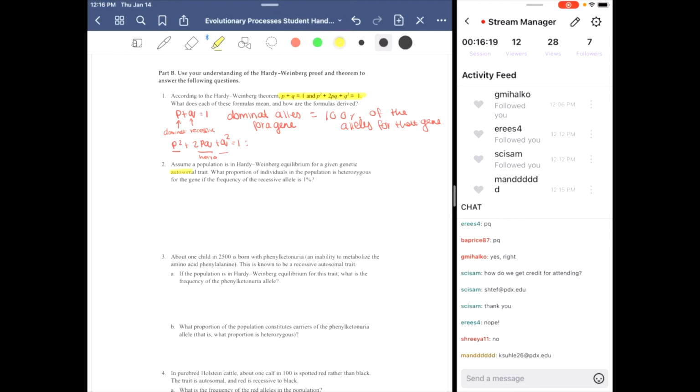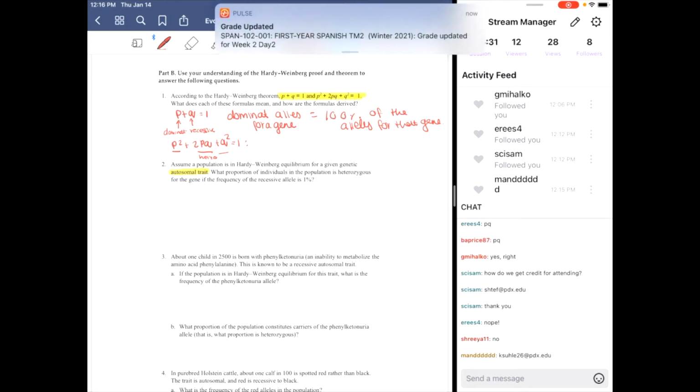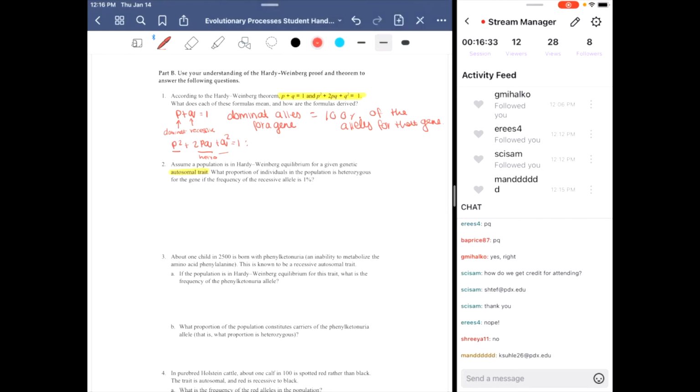So autosomal meaning it's not in the chromosome determining sex, so it's anything other than that. What proportion of the individuals in the population is heterozygous for a gene if the frequency of the recessive allele is 1%?